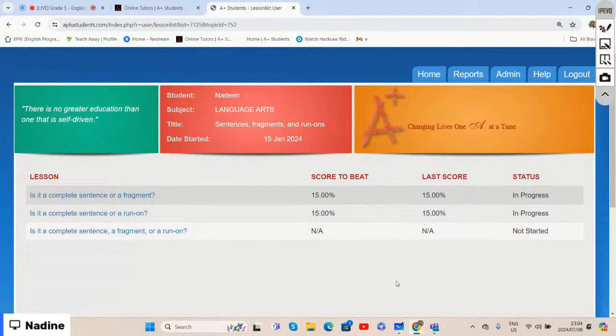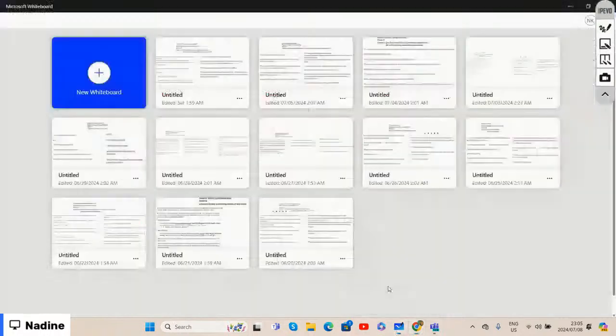And is it a complete sentence or a run-on? So that is going to be our lessons for today. All right, I'm just trying to open this one.